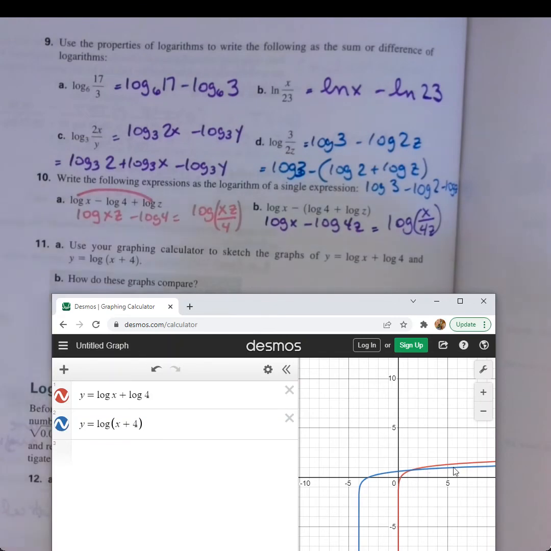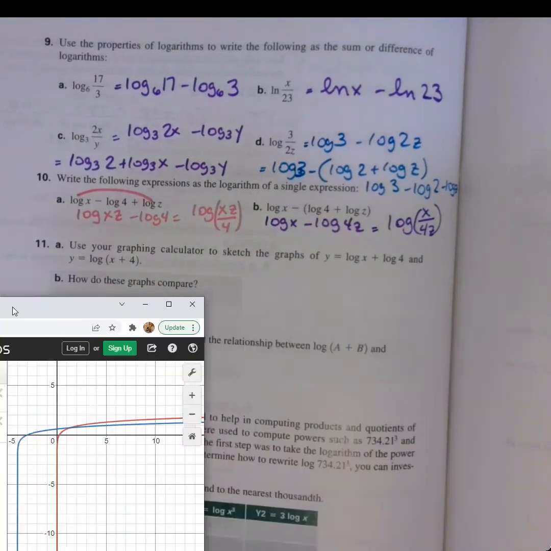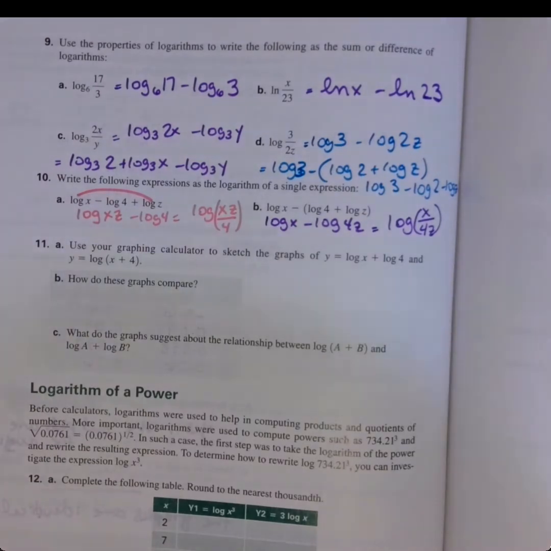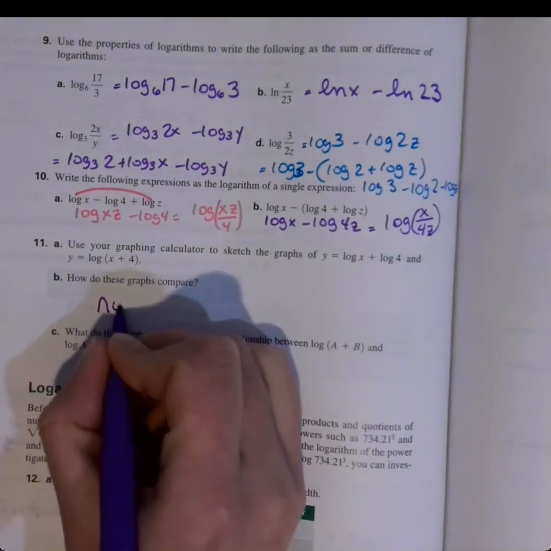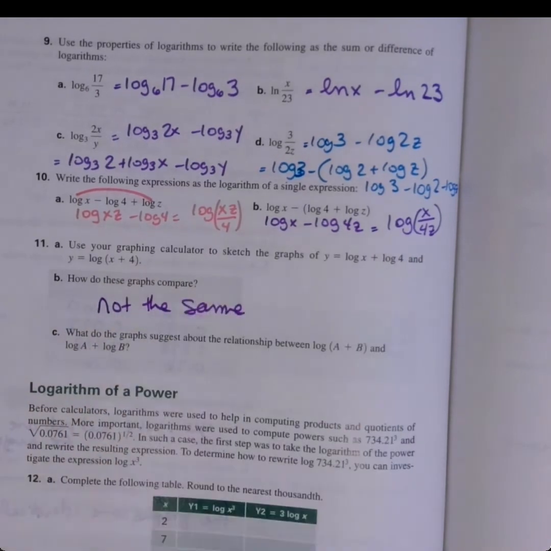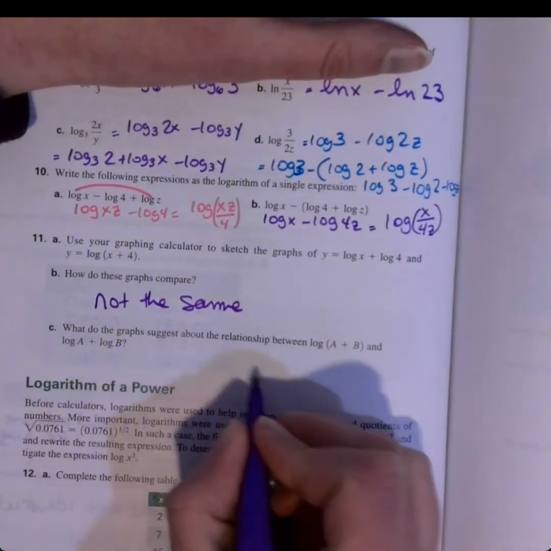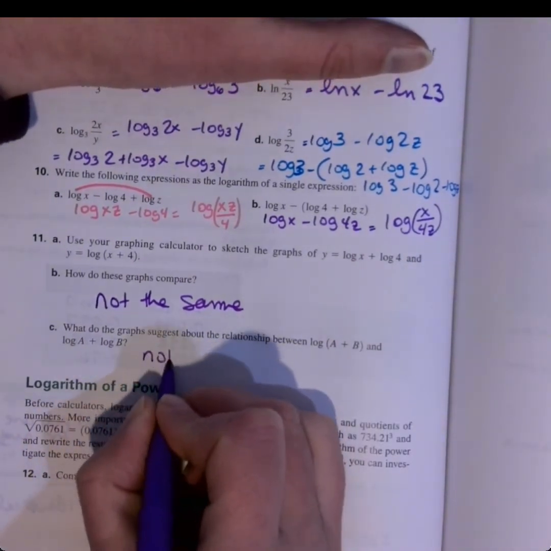Okay, these are not the same, so they're not identical. So how do these graphs compare? They are not the same. And so what does that suggest about the relationship between those? They're not equal, or not equivalent.